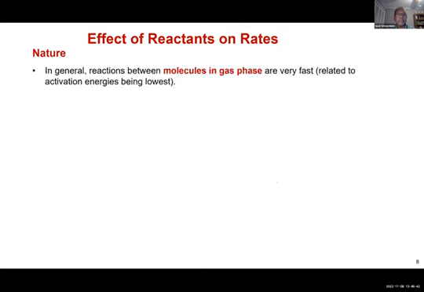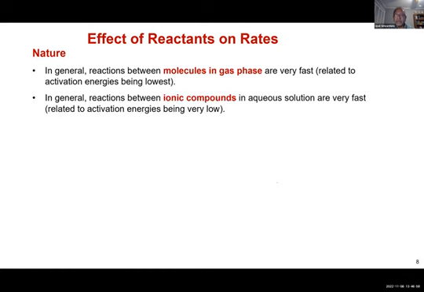Nature: in general, reactions between molecules in the gas phase are very fast. They have lower activation energy. In aqueous solution, ionic compounds also react very fast. Their activation energy is low, but higher than gas phase reactions.